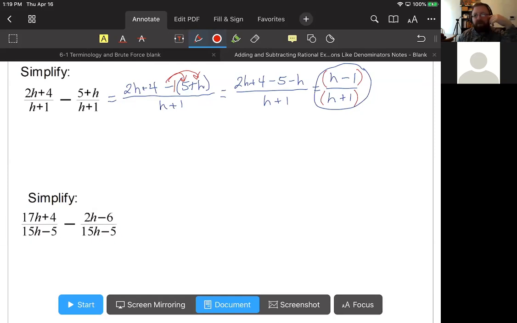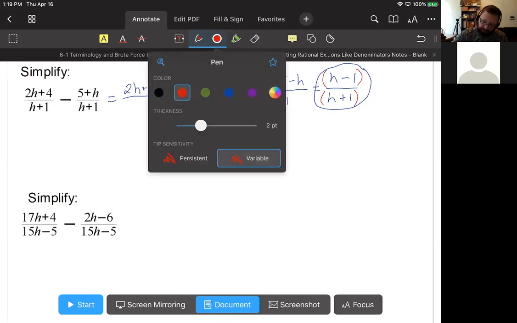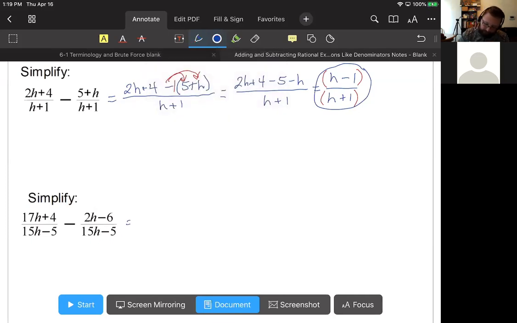Okay. Same idea here on the last problem, the last example. We are going to take that first numerator and subtract the second numerator from it over our common denominator.